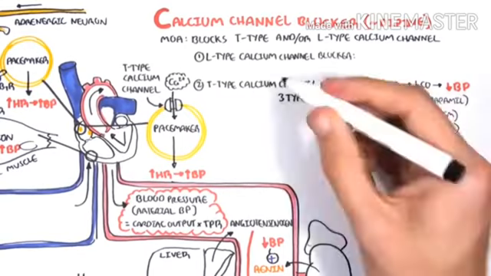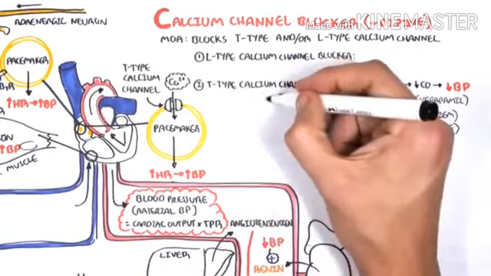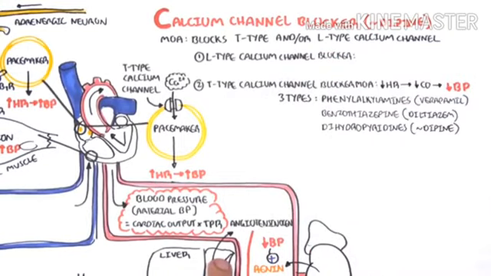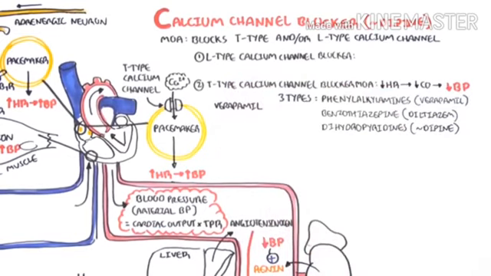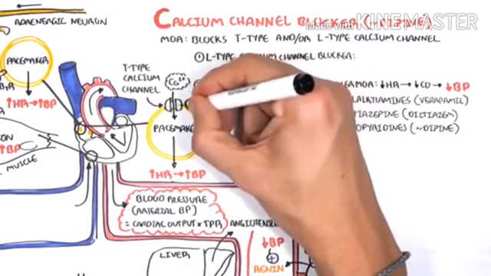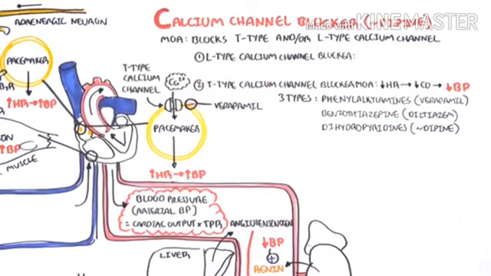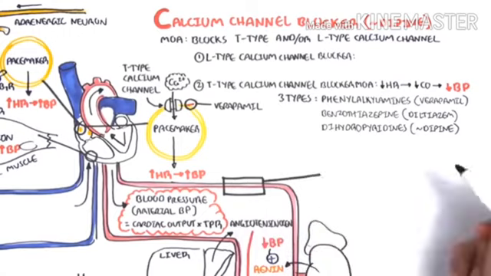So for example, verapamil is going to block the calcium channel in the pacemaker cell and thereby decrease the force of contraction of the heart. Here verapamil binds to the calcium channel and blocks the entry of calcium in the pacemaker cell and thereby produces its effect. So this is all about the T type of calcium channel blockers. They are helpful for decreasing the blood pressure by decreasing the heart rate.